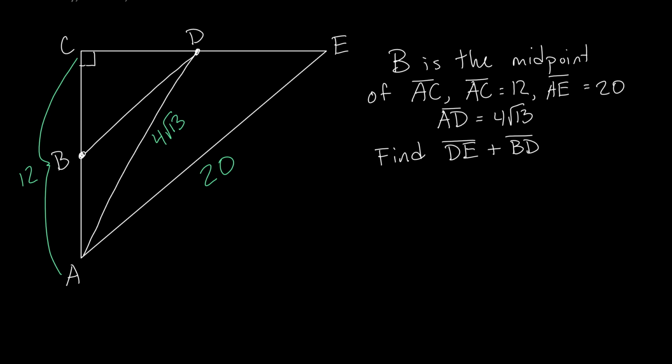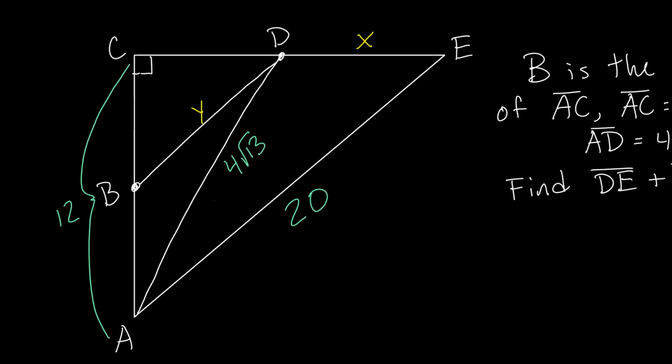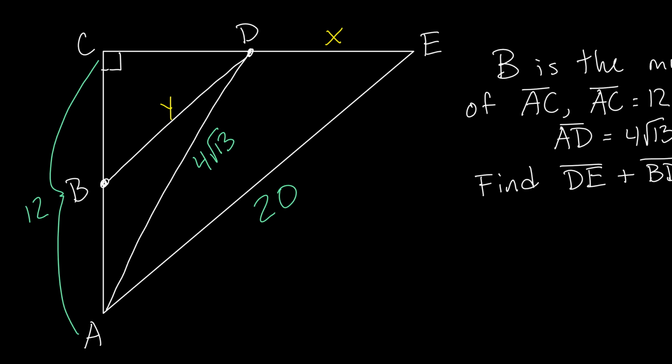So I'm going to put variables on those lengths, X and Y, so I can remember those are the ones I'm trying to get to. Now, what can I do? What can I do on this picture to maybe fill in some of the blanks, to find some values?